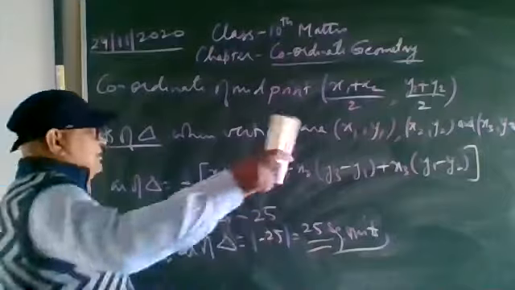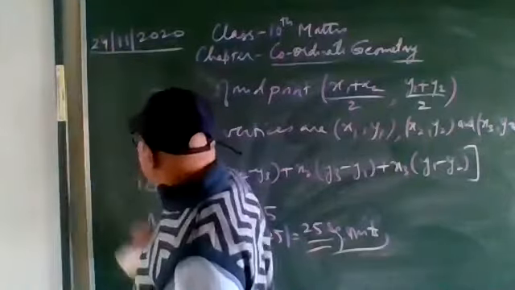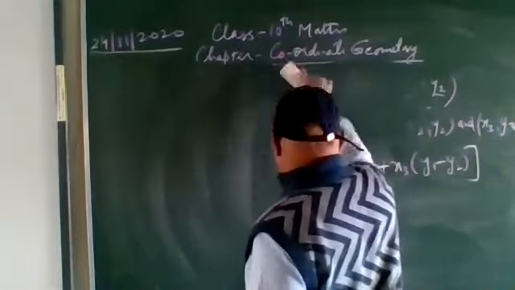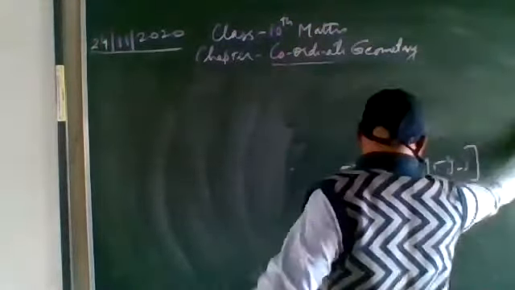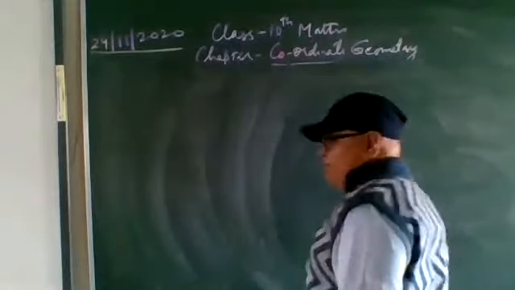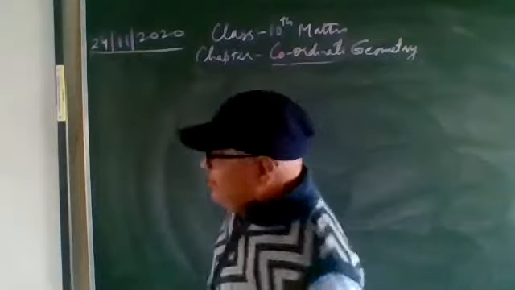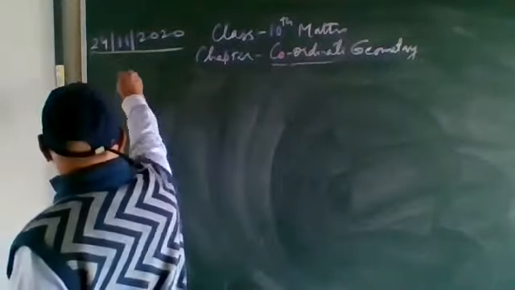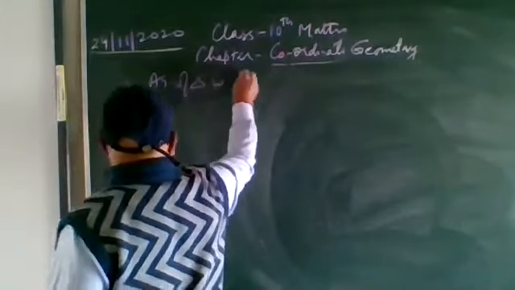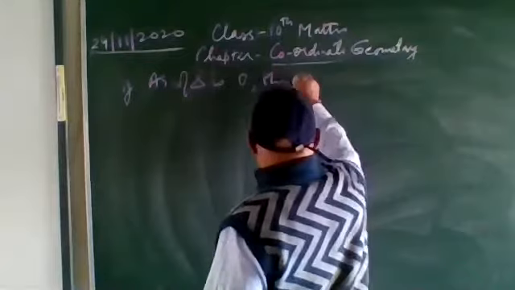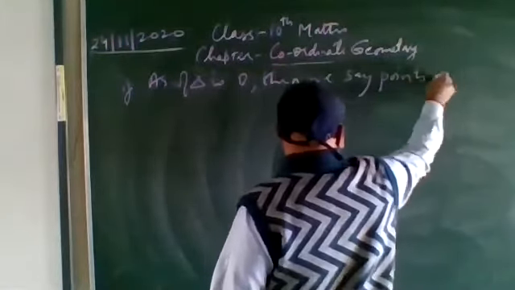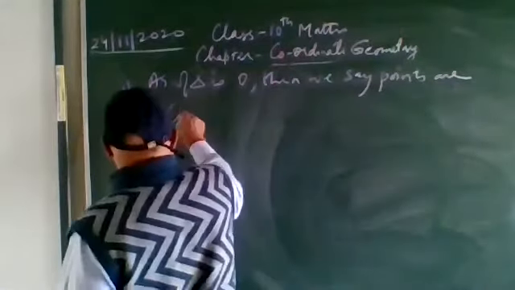Now, the question for collinearity. Collinearity you can check by the distance formula, by the section formula, or by the area of triangle. If the area of triangle is 0, then we say the points are collinear.